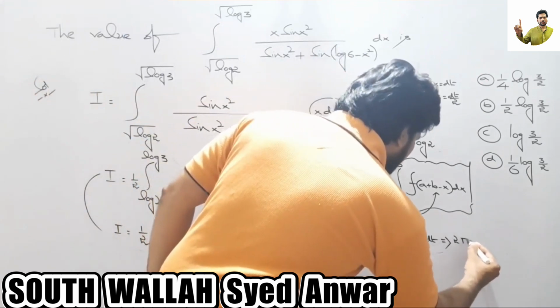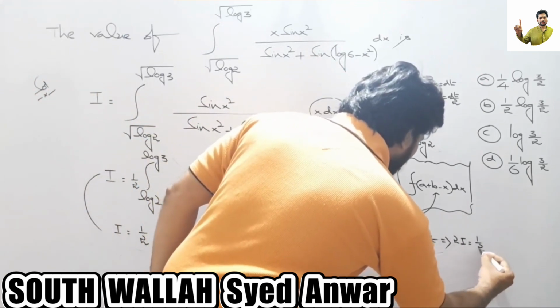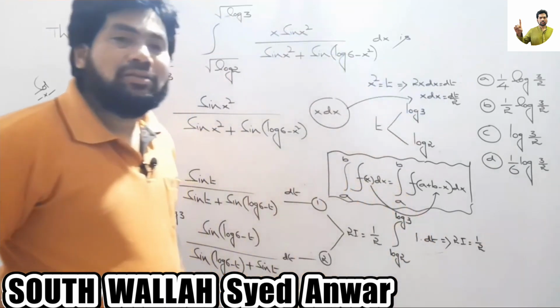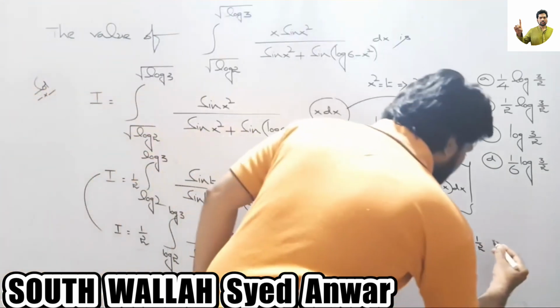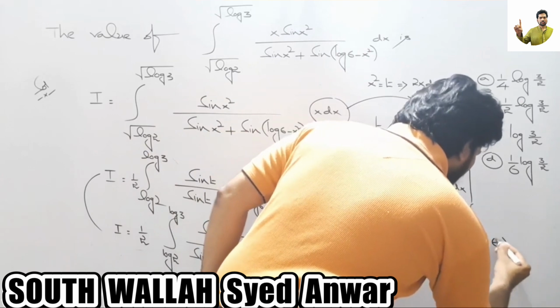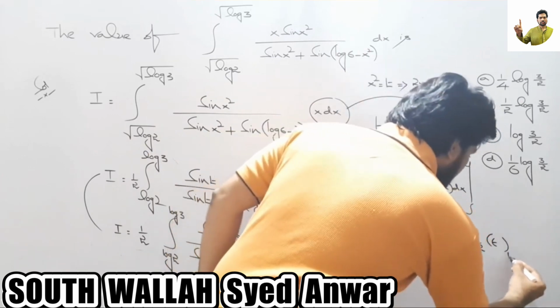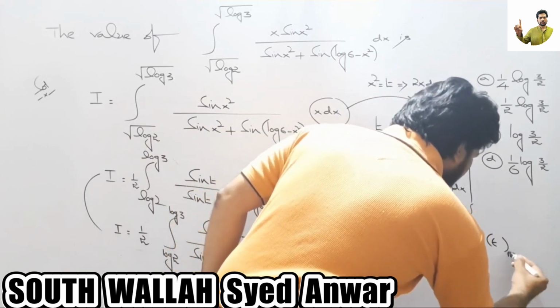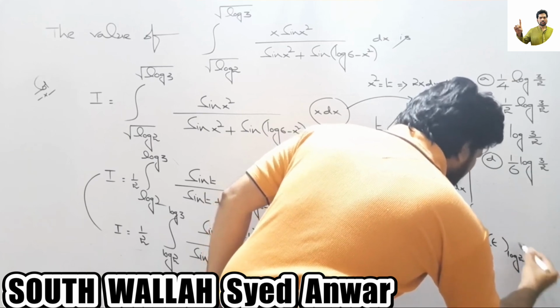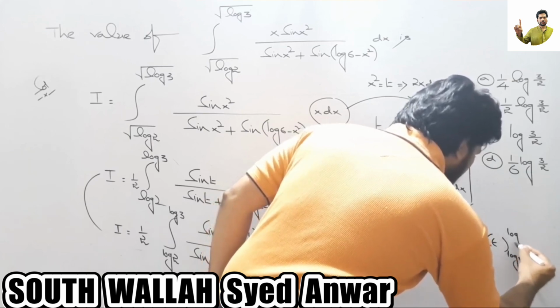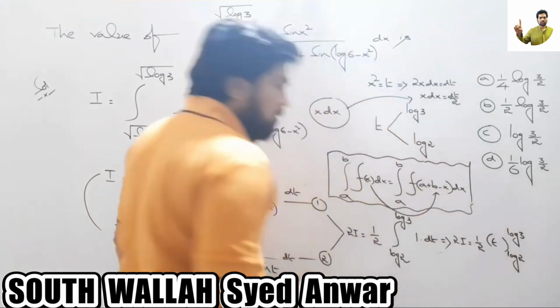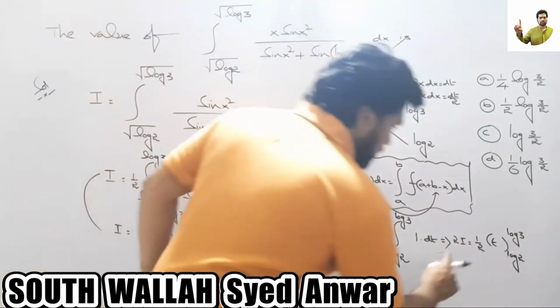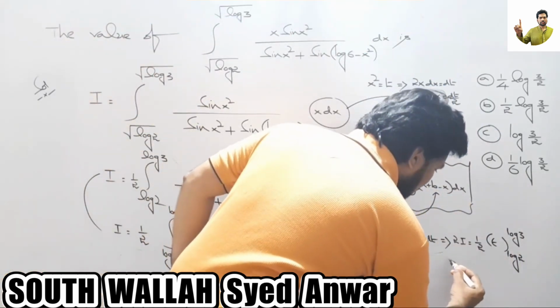So finally, 2I is equal to 1 by 2 times integral of 1 dt. After that we have to apply limits. The lower limit here is log 2, the upper limit is log 3. Finally, we need the I value only.